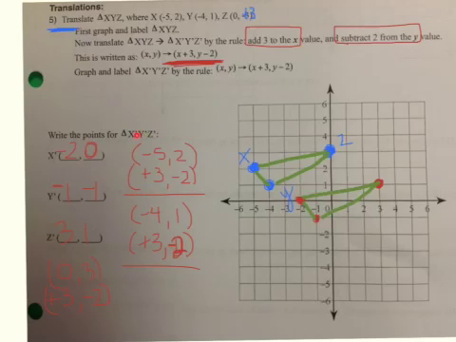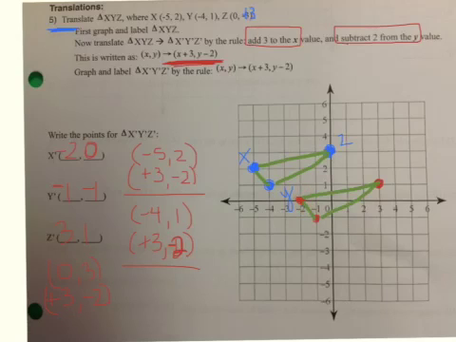So right here, you'll notice I put the original coordinates, which were -5, 2, and then I said I'm going to add 3 to the X and subtract 2 from the Y value. When I did that, the new coordinates I came up with were -2, 0. So I plotted that point, -2, 0 should be right here.